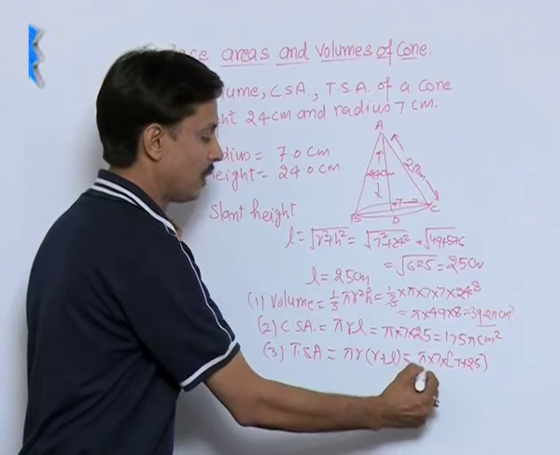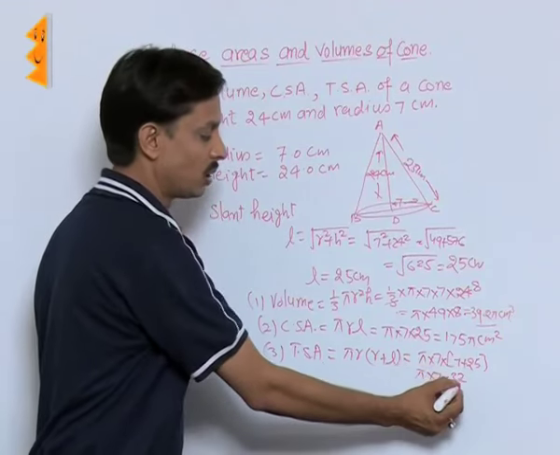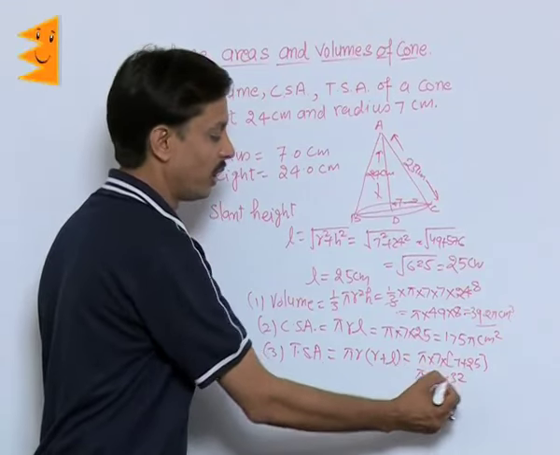So this becomes pi into 7 into 32. So 32 into 7, its product will come 7 2s are 14, 7 3s are 21, and 1 carry 22, so 224 pi centimeter square is the total surface area of this cone.